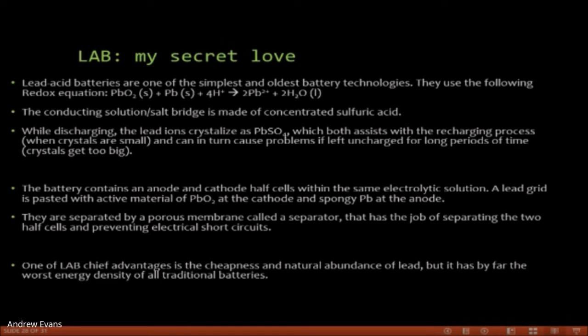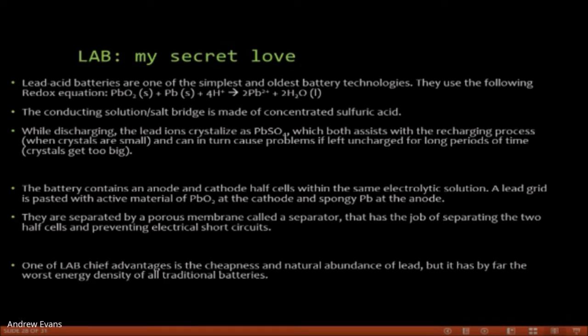If you leave your battery discharged for a long enough time, those lead sulfate crystals will get bigger and bigger to the point where your lead acid battery won't recharge. This is a process known as sulfation. So if you, for example, kill the battery of your car and then don't charge it back up right away, you can permanently damage your car battery by forming large sulfate crystals that won't go away.